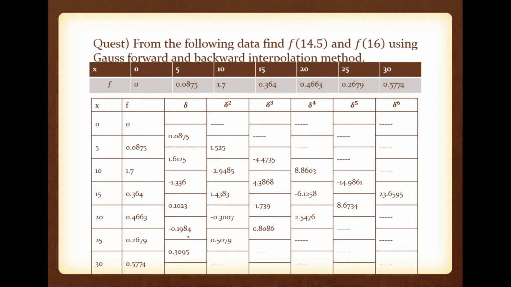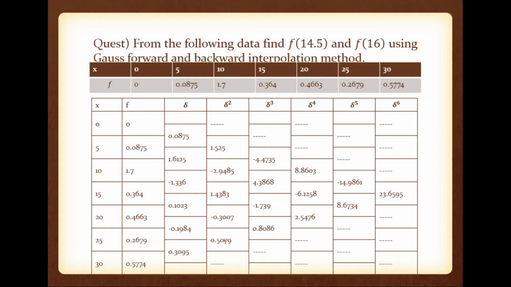Minus 0.1984 minus 0.1023 is minus 0.3007. 0.3095 minus minus 0.1984 is 0.5079. So this one is the second central difference.